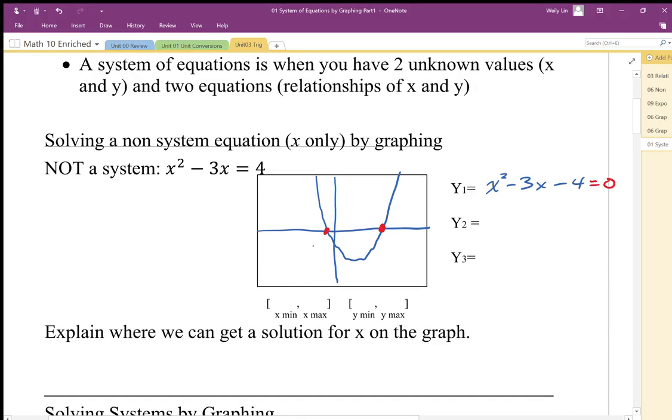So in this case, when I take a look at my graph, it's going to be at -1. So x equals -1. And here x equals, looks like +4. X equals +4. So the solution for x on the graph is where the graph crosses the x-axis.